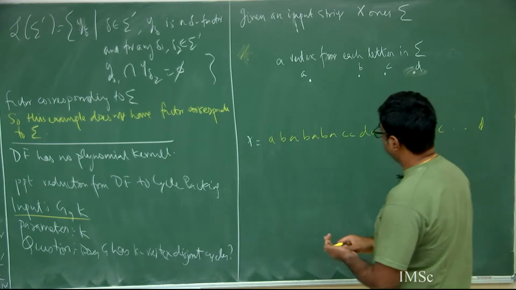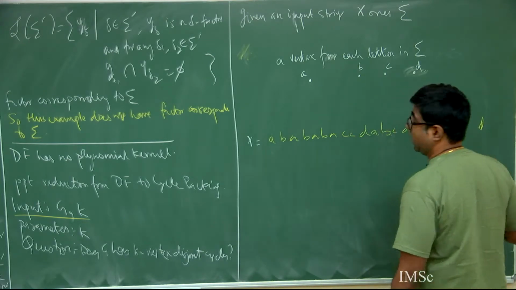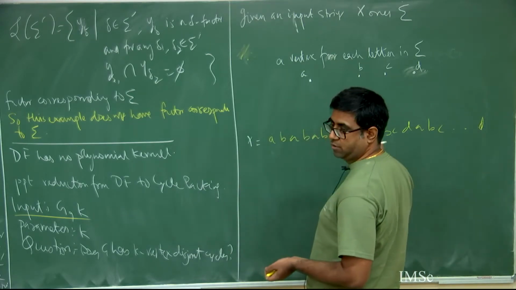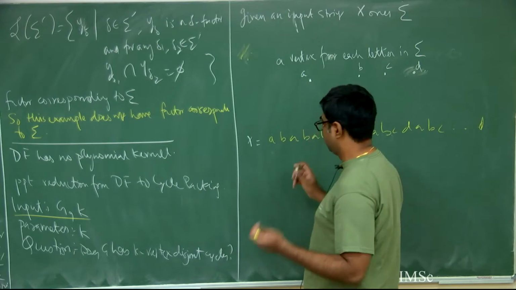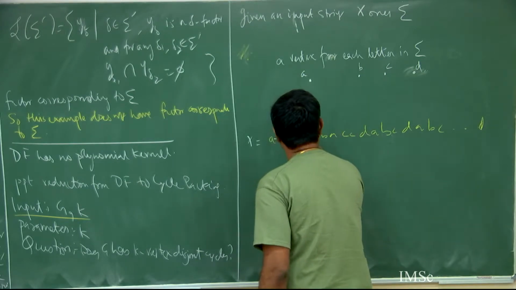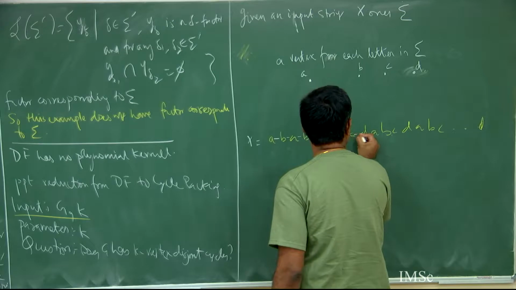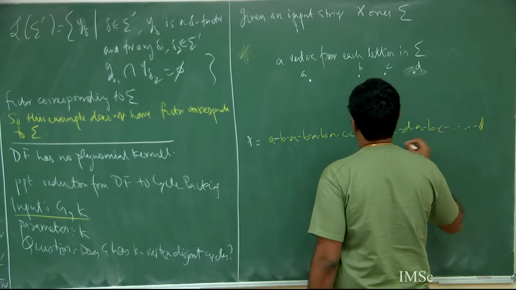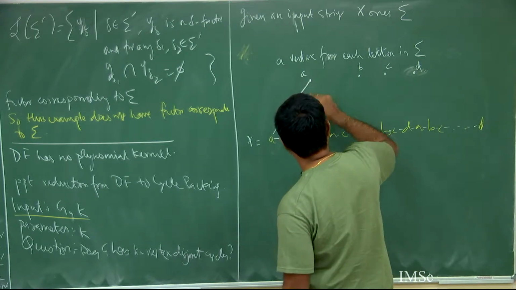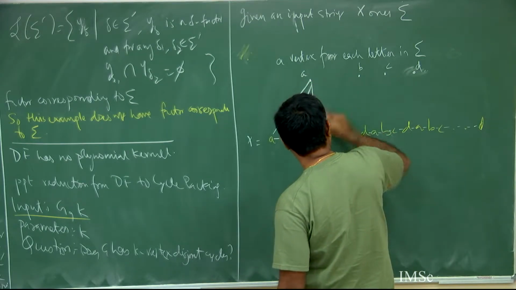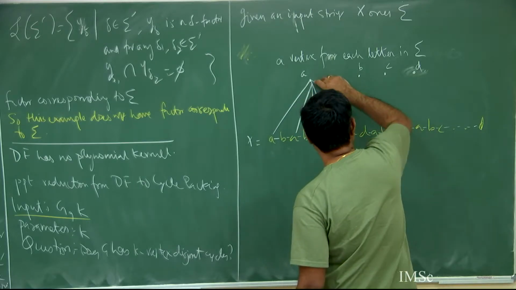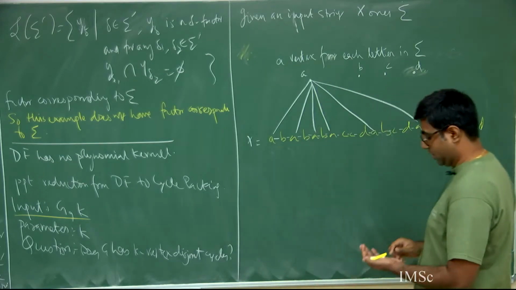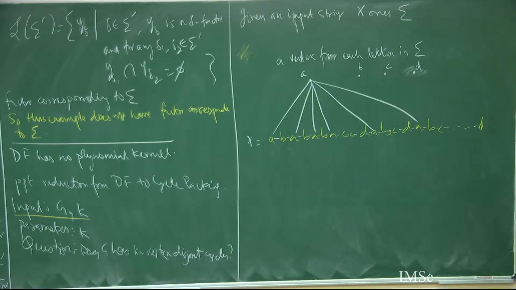So now what you do, you think of this x as a path, okay, with vertices labeled a b a b. Think of them as a path, not as a string. So maybe this is like a b a b a b, okay, like this. Now I make a adjacent to all the a's, and so on, okay. Now I will make b adjacent to all the b's.